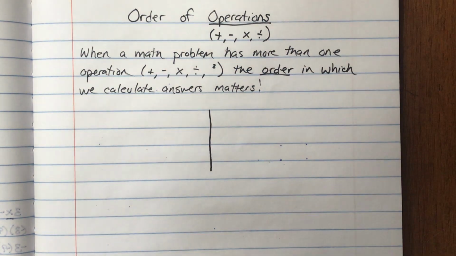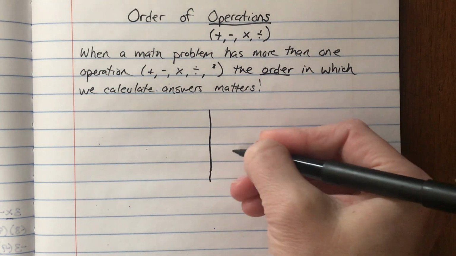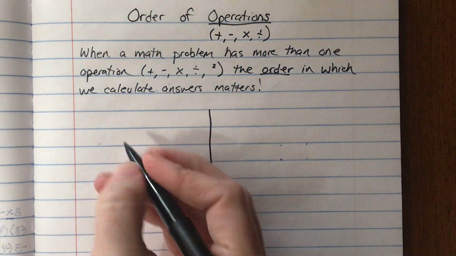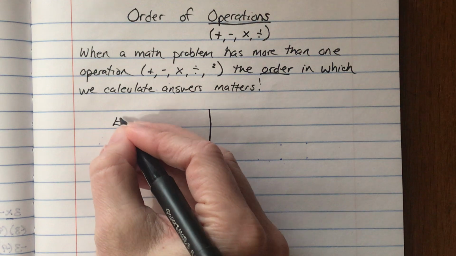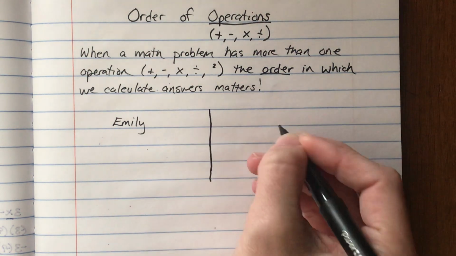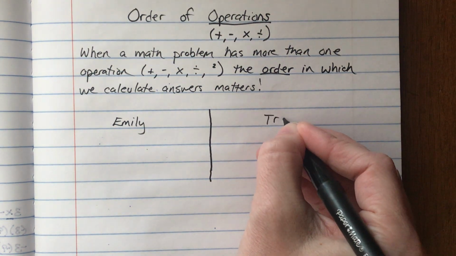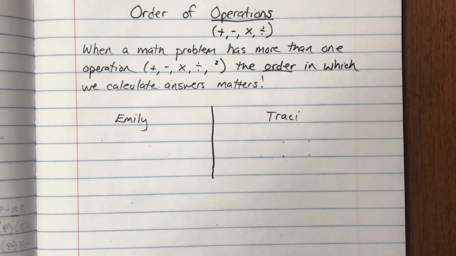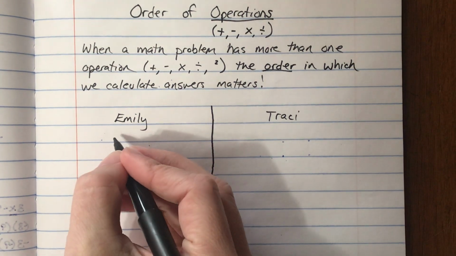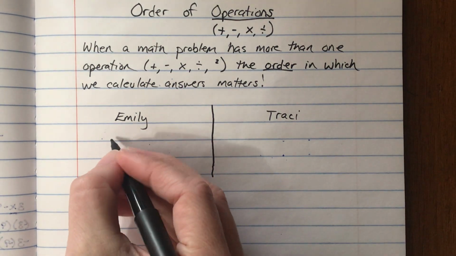So I'm going to split my page down the middle for about 4 lines. And let's pretend we have two people. Let's pretend that we have Emily and we have Tracy. All right. And let's pretend that they're working out a math problem. And let's say that Emily does the problem like this.